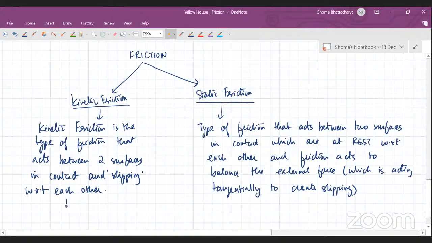Okay, so kinetic friction acts in such a way that it opposes the slipping. The direction of kinetic friction will always be such that it opposes the slipping.